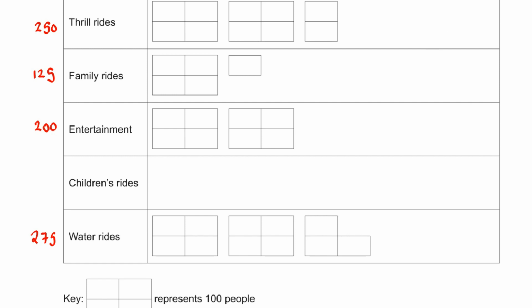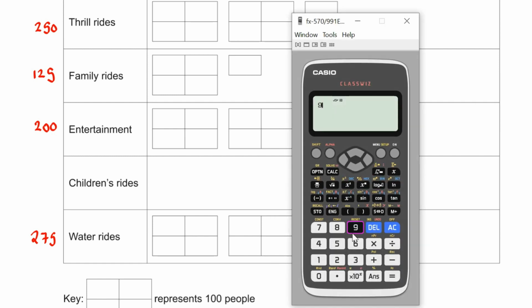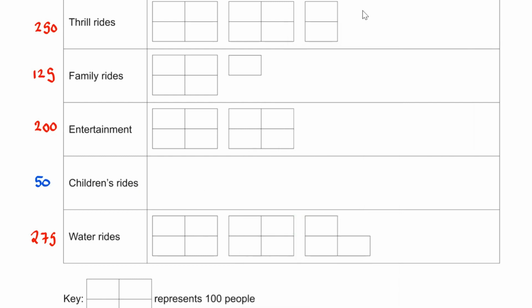And therefore for children's rides, if we've got 900 in total, 900 take away the 250, take away the 125, take away the 200, take away the 275, it turns out here we get 50. And so if each little square represents 25 people, for 50, we would have something looking like this.